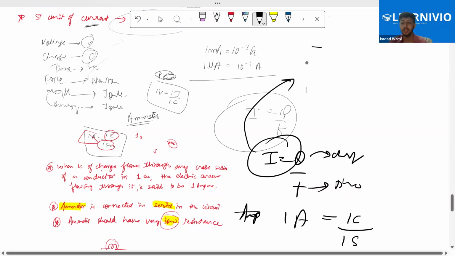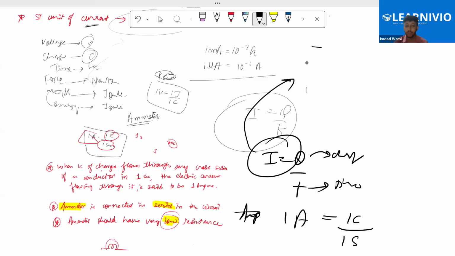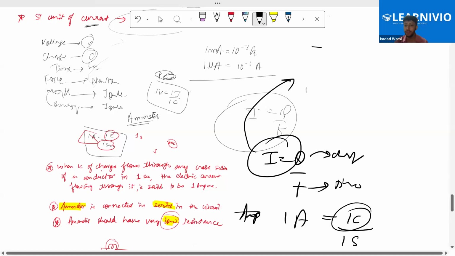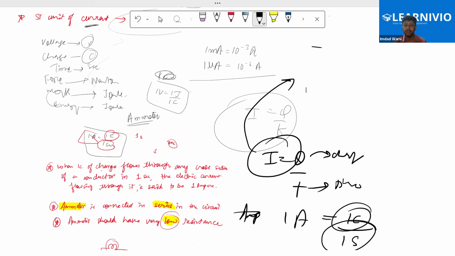So we can say that 1 ampere is when 1 coulomb of charge flows through any cross section of a conductor in 1 second. That means when a charge of 1 coulomb flows through a conductor in 1 second, we say 1 ampere current has passed through that conductor.